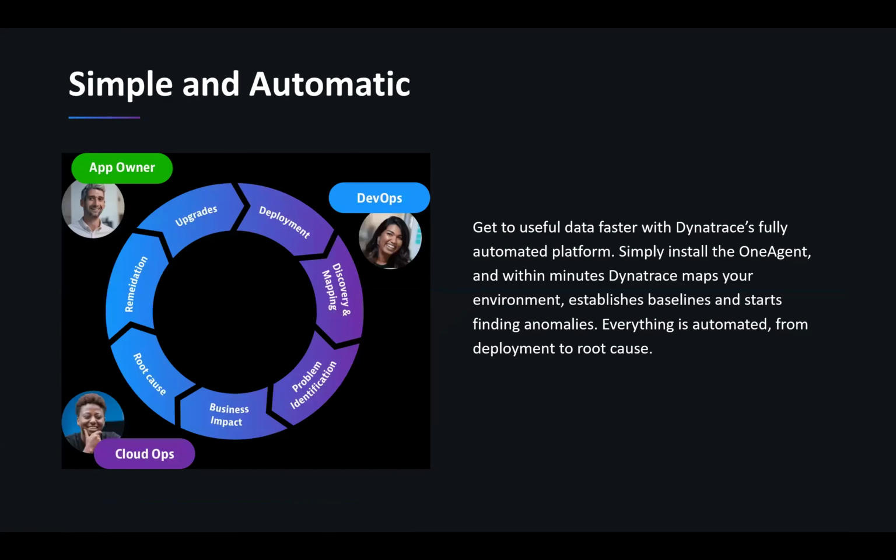Okay, so it is very simple and automatic. Suppose you want to implement Dynatrace for 10 applications, for example, running on 500 servers. How many days would you need to implement it? Any idea?